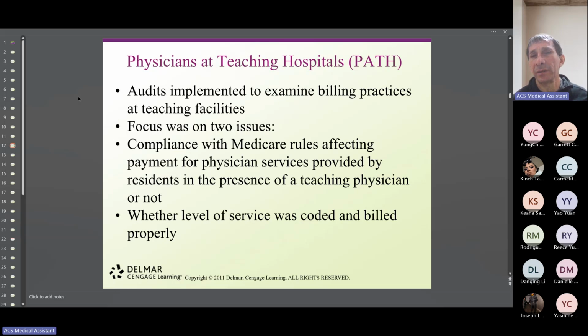So audits are implemented to examine billing practices at teaching facilities, because here we have to talk about insurance. Remember the documentation that we complete. When these teaching hospitals use residents to complete the patient's history, residents do not sign medical records.